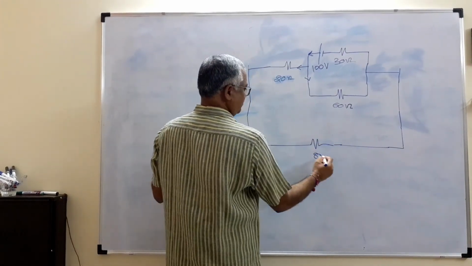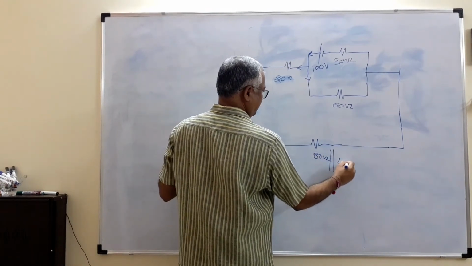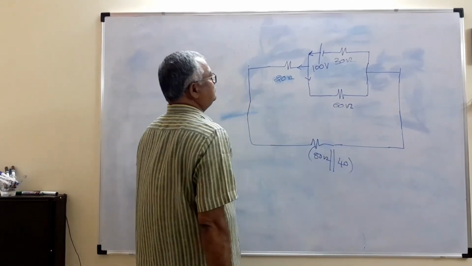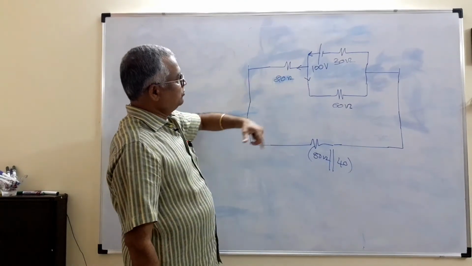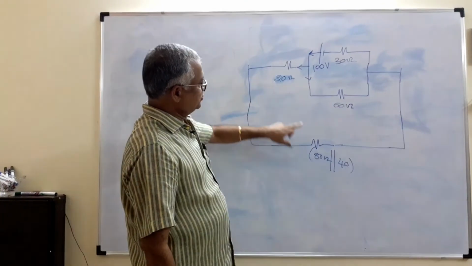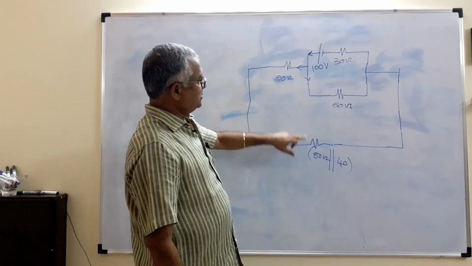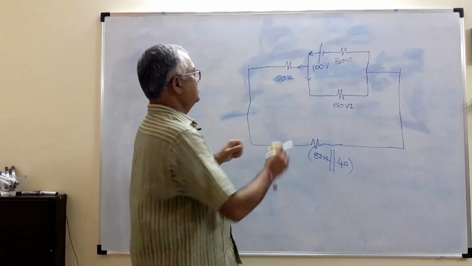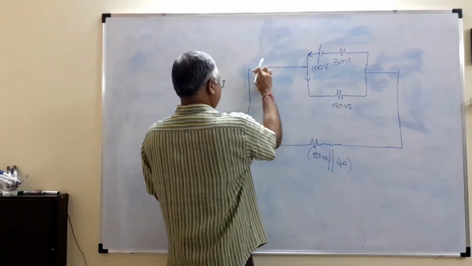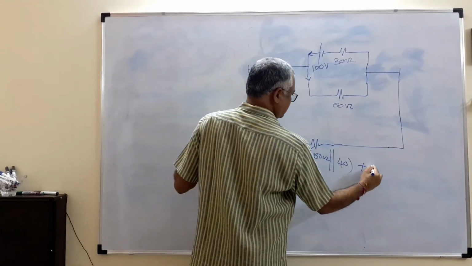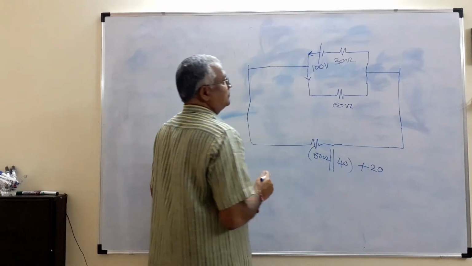So therefore these two are parallel, 80 and 40 parallel. So these two we are able to simplify. Next, how do you further simplify? These two are parallel or series? These two are series. So this 20 is in series, so combined with this.